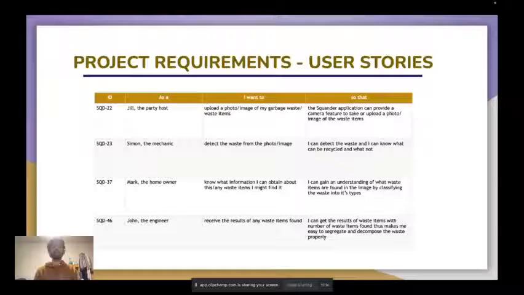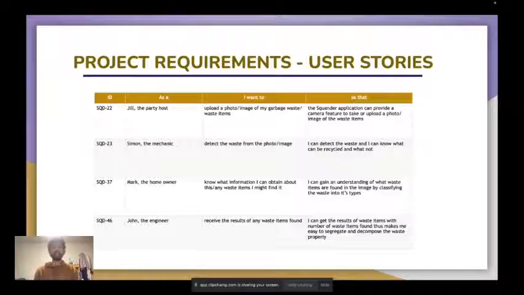And I want to detect the waste from the image so that I can know what can be recycled and what cannot. And next, I want to know the information that I can obtain from any waste item I might find, so that I can understand what waste items are found in the image by classifying the image into its types.